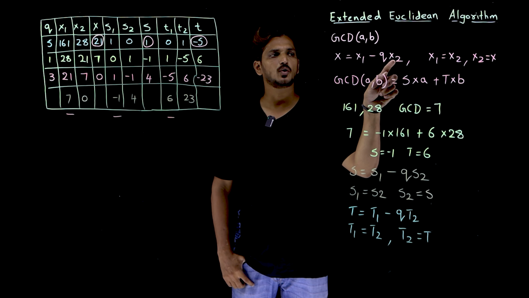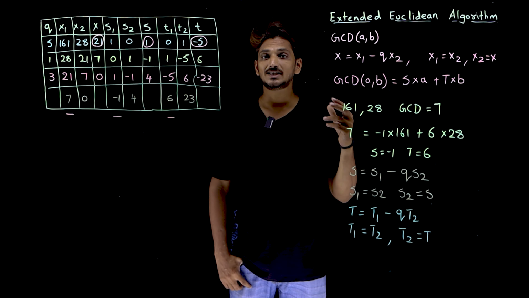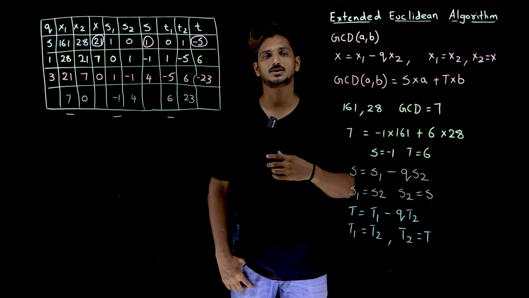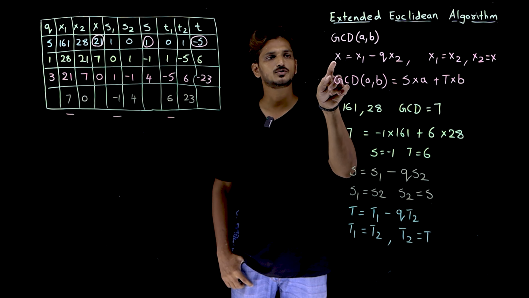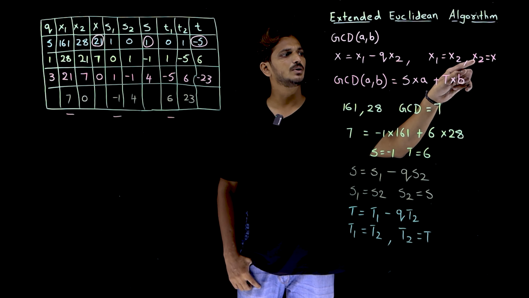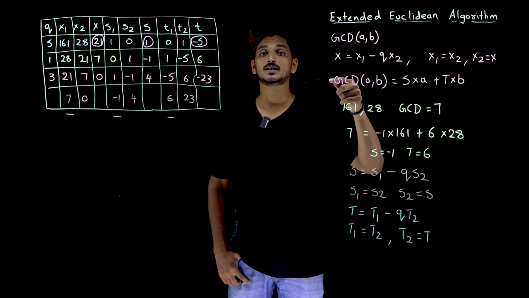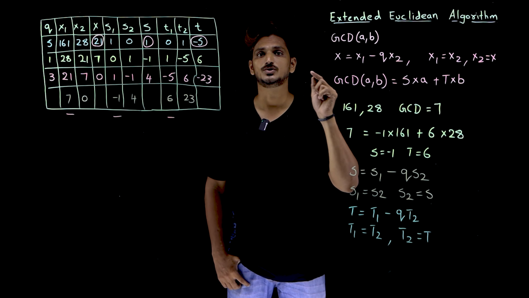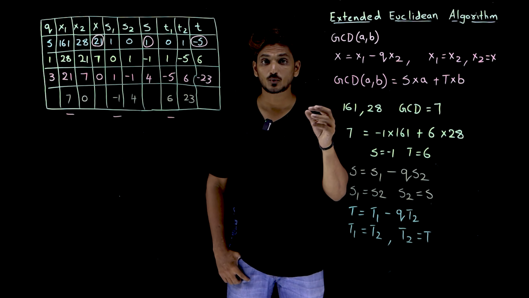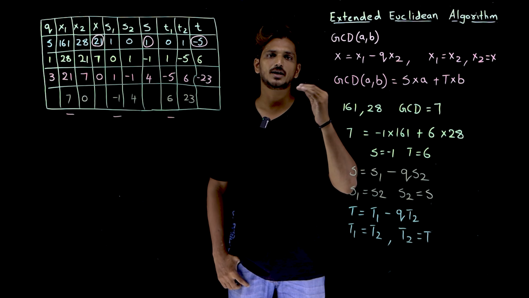This is the formula we use to find GCD using the Euclidean algorithm. Once you find the remainder value, X2 will become X1, X will become X2. Again repeat this formula until you get the remainder value 0. This is what we have done in finding the GCD value using the Euclidean algorithm.